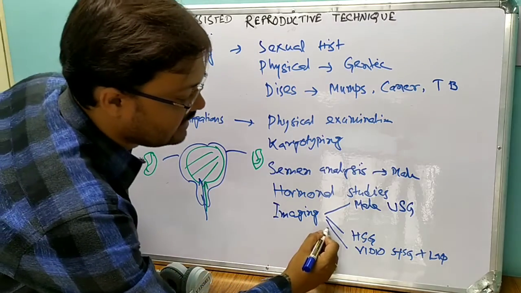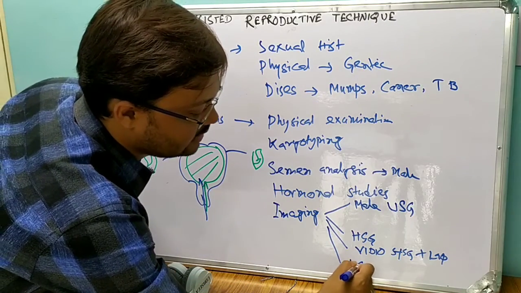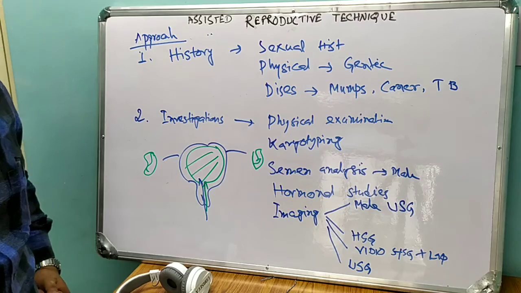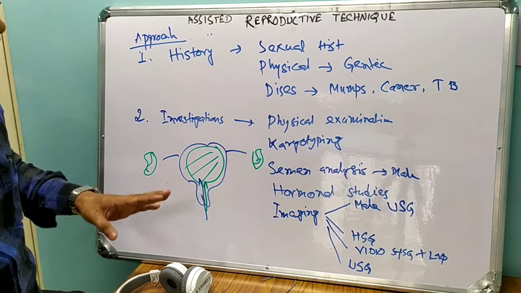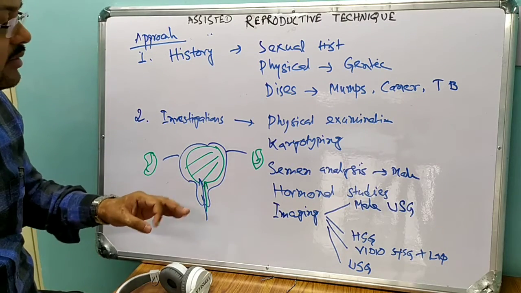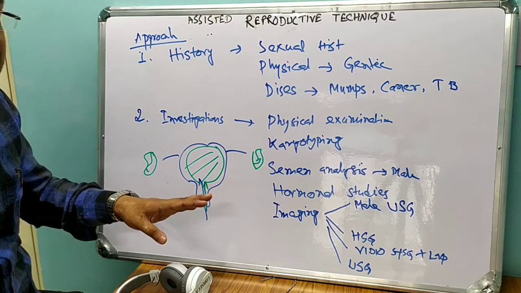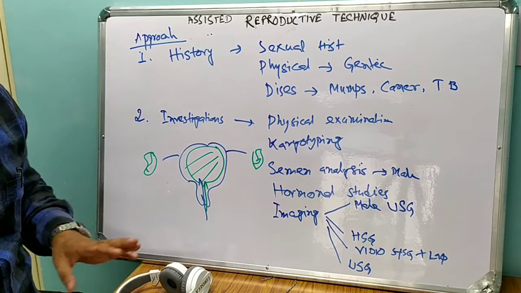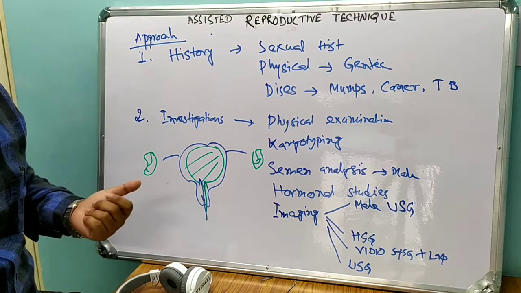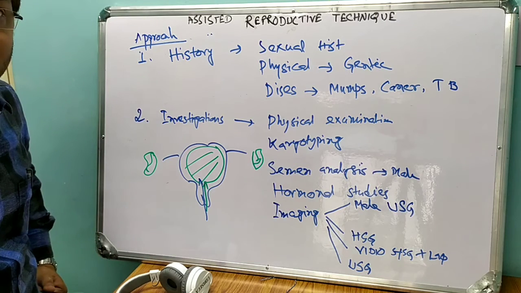And finally, you can go again for a USG. USG will give you an idea about a lot of things. First of all, USG will tell you whether the ovums are maturing or not, because by doing a USG you can directly see the matured Graafian follicle.